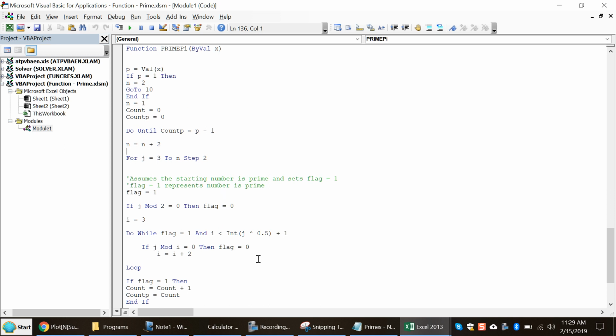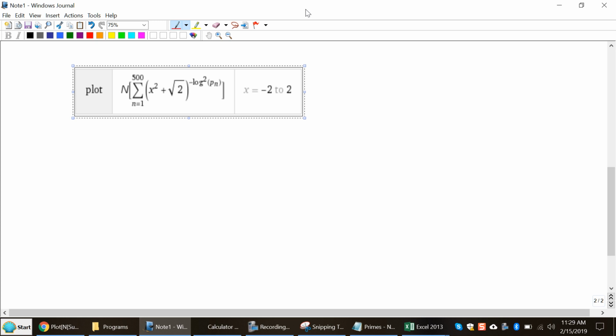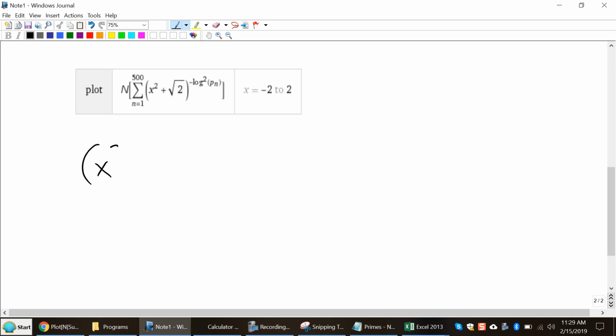So what I'm doing is I'm creating a function where I take this quantity right here, x squared plus the square root of 2, and I am raising it to p to the n, which is prime pi, and then I'm taking the log of that, squaring it, and taking the negative of it.